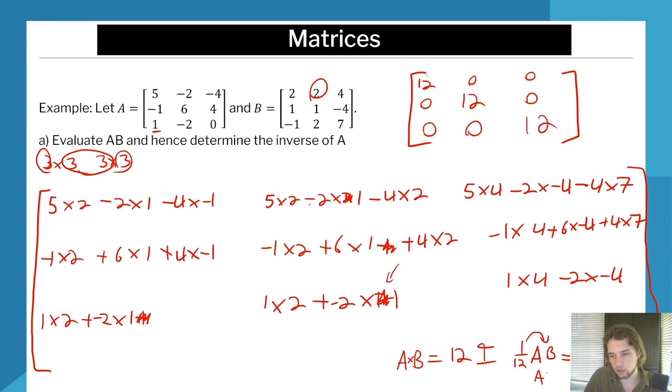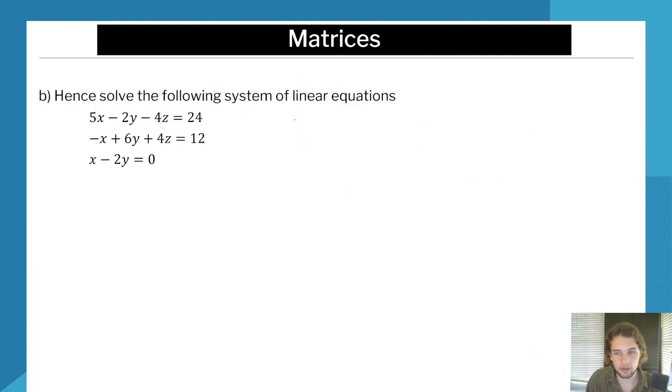So I'm actually allowed to do A times 1 over 12 B equals I. So that means I think my inverse is equal to 1 over 12 B. And that would be 1 over 12 in front of all of this stuff here.